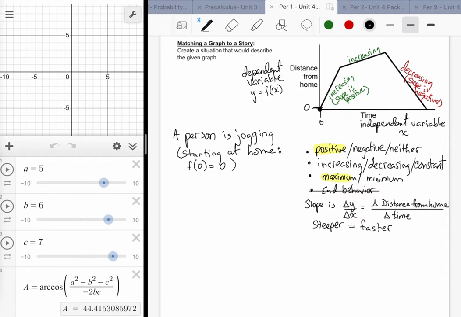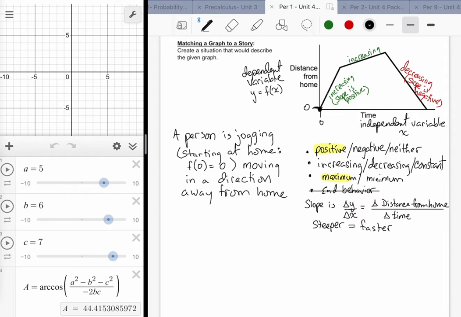Moving in a direction away from home. And that's because we're looking at an increasing slope. Well, we're looking at a positive slope. We're looking at an increasing function. But we've got to get that idea across.